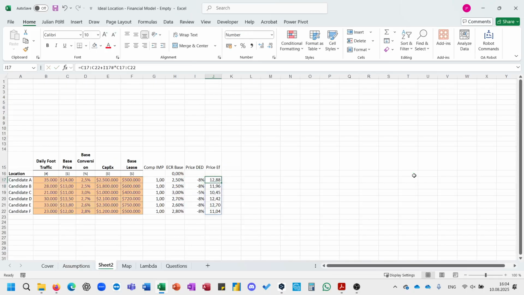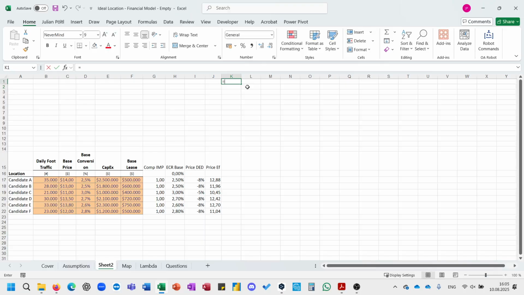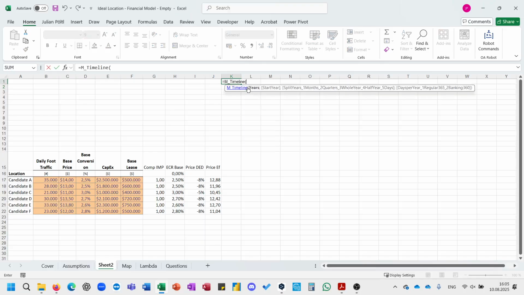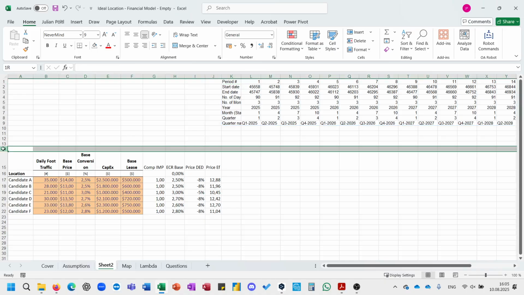Okay. Now we are kind of dynamic. Timeline, lambda. We have 5 years. Start year is 2025. And we want to split our years in quarters.